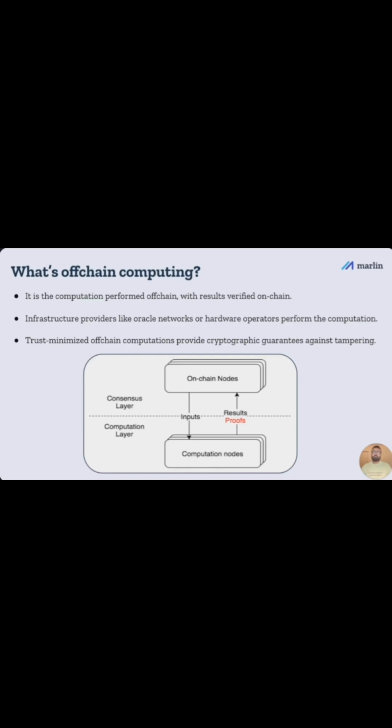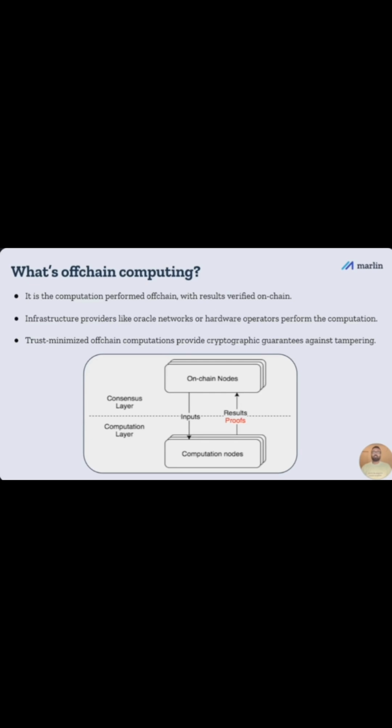Various infrastructures like oracle networks, dedicated nodes, or specialized hardware and GPUs can perform these off-chain computations. What makes this approach powerful is that off-chain computations provide cryptographic proofs or hardware-based security, like in the case of TEEs, to provide guarantees against tampering, all the while maintaining the goodness that we value in blockchain systems.